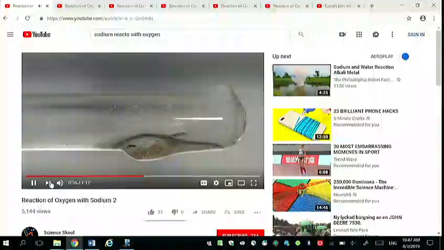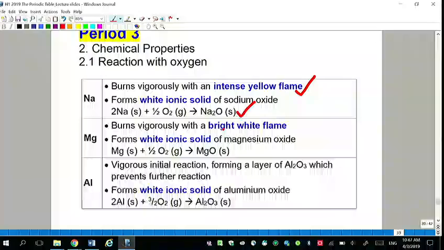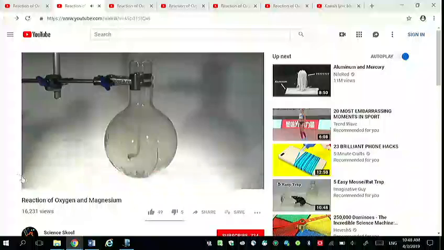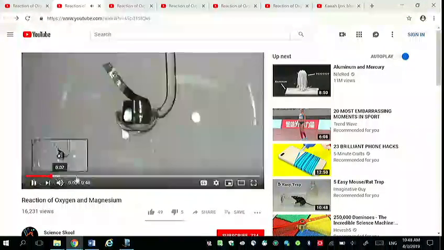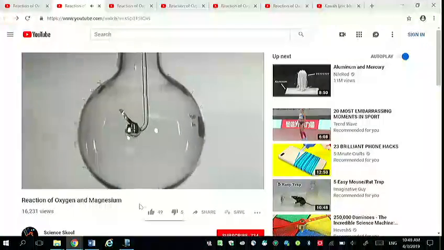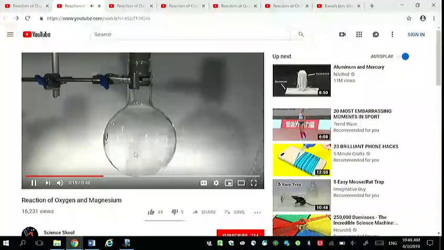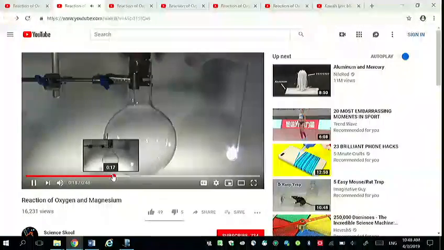Now if I look at magnesium, it is a bright white flame, white ionic solid. So this is how it looks. This is a magnesium strip that they are going to insert in.